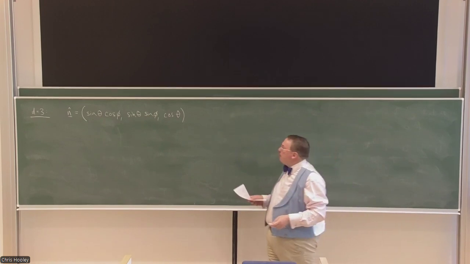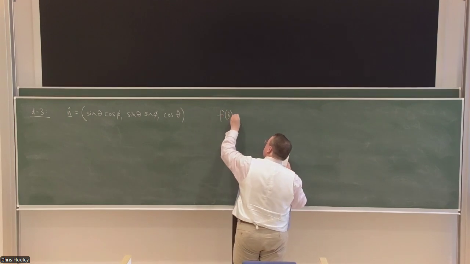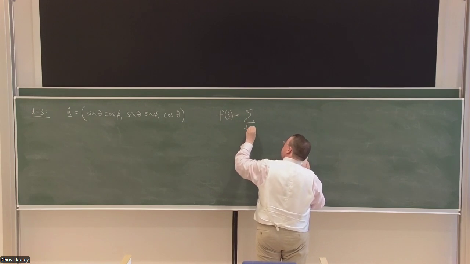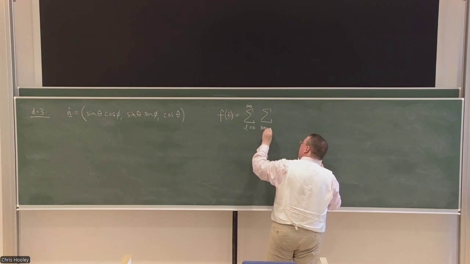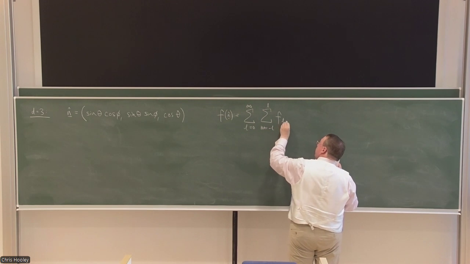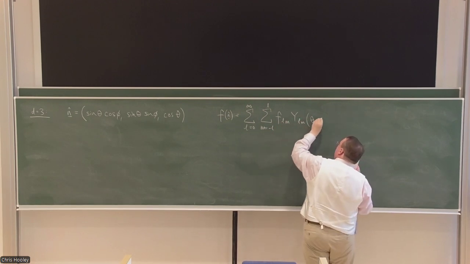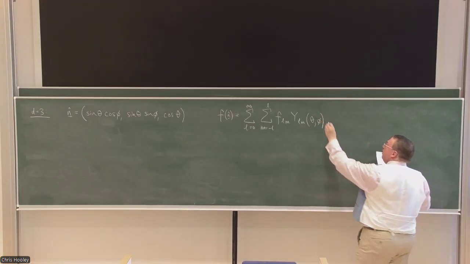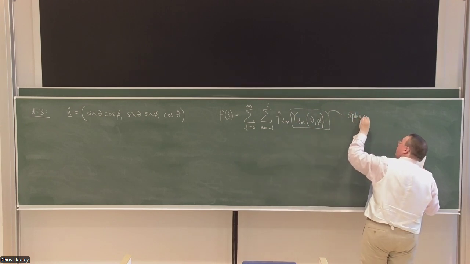This now points to a point on the sphere, and a function of such a unit vector can be expanded as a double sum, l equals 0 to infinity, m equals minus l to l, and now these Y_lm are just the usual spherical harmonics.